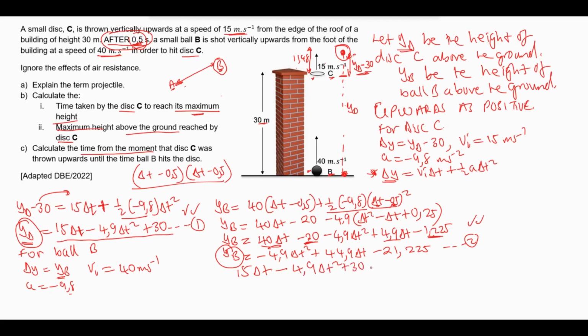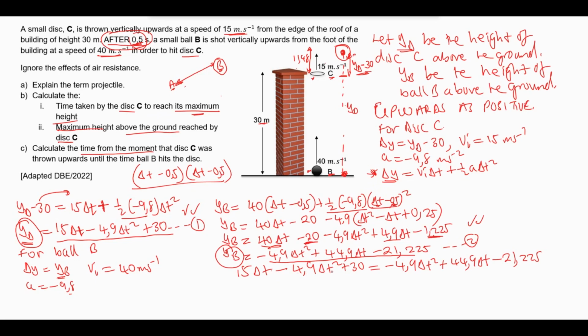plus 30 is equal to, now I'm writing this one, negative 4,9 delta t squared plus 44,9 delta t minus 21,225, right? Now we're solving for t here.